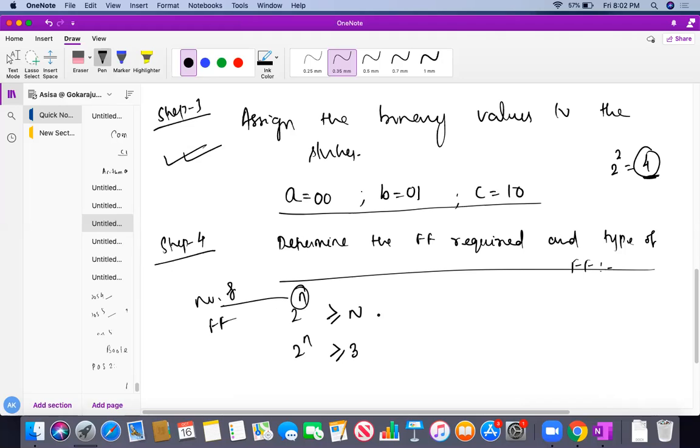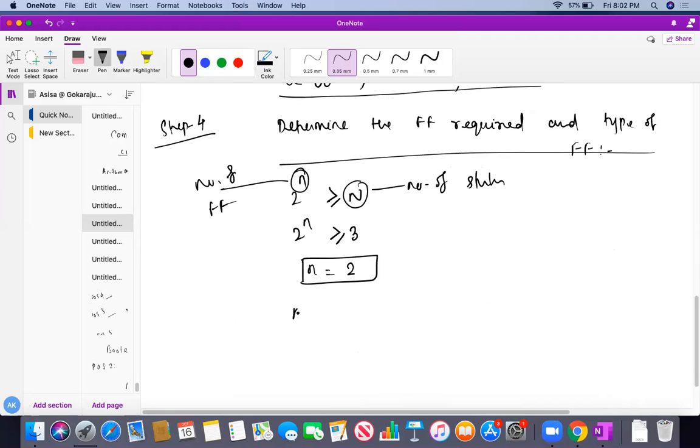What would be my n? My n will be 2. Understand? So now the number of flip-flops required is 2.